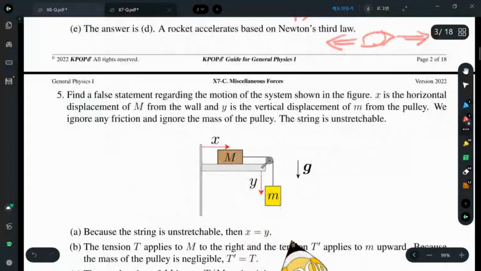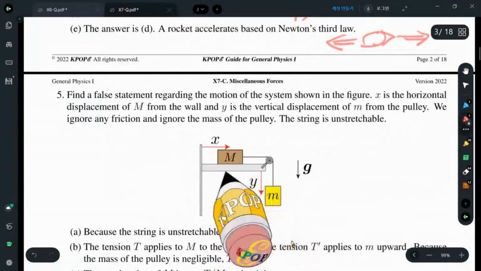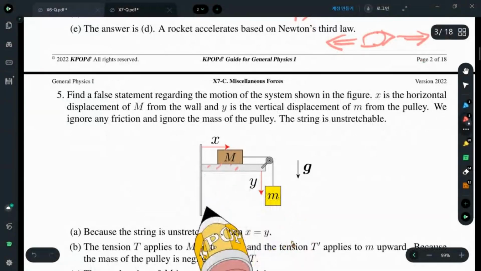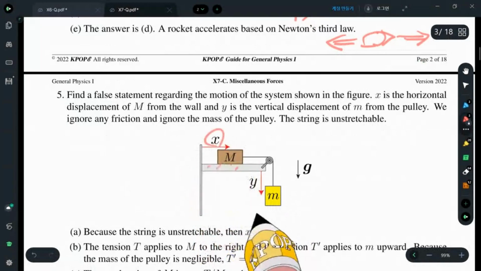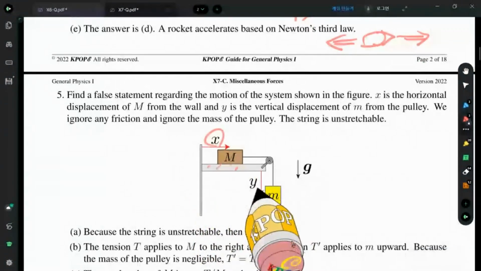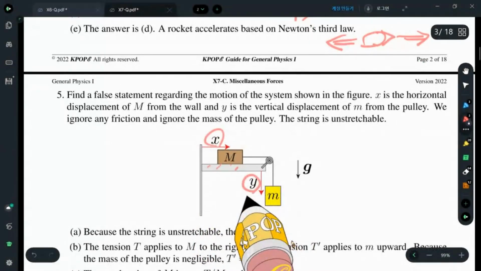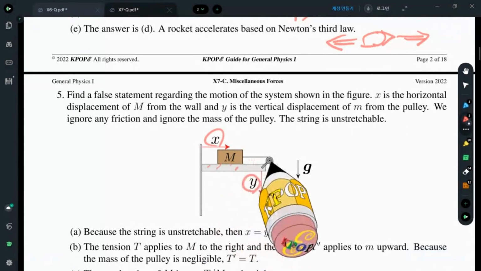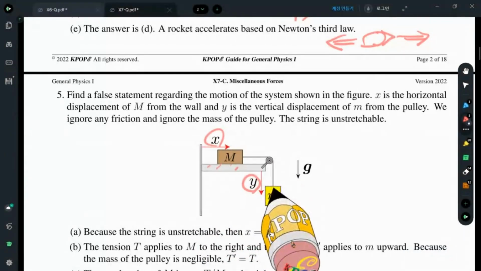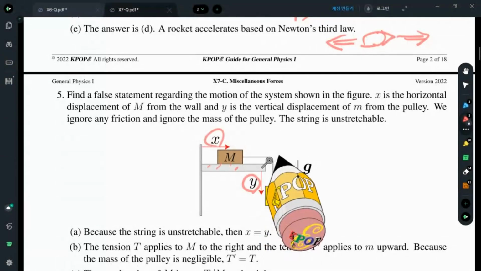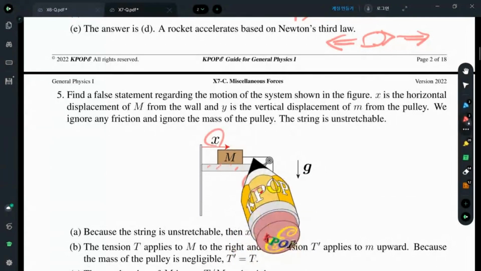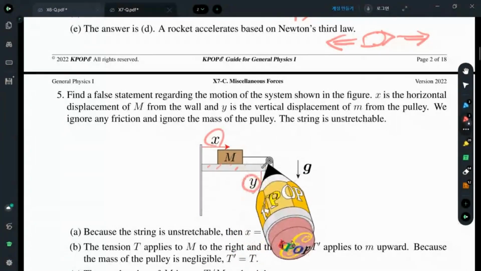Problem 5: we have two objects with no friction, and the distance from the wall is x, and the distance from this shelf is y, and this string is unstretchable. That means it is not elastic. It does not carry any spring in it, and there is no mass.